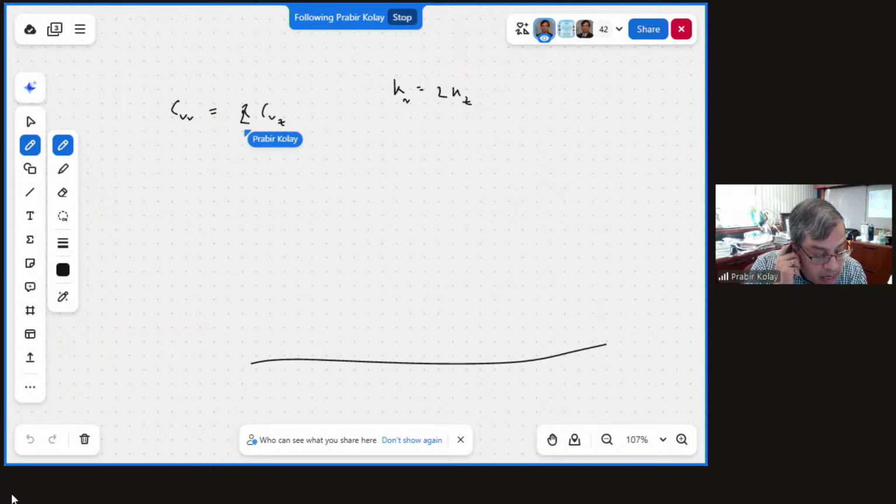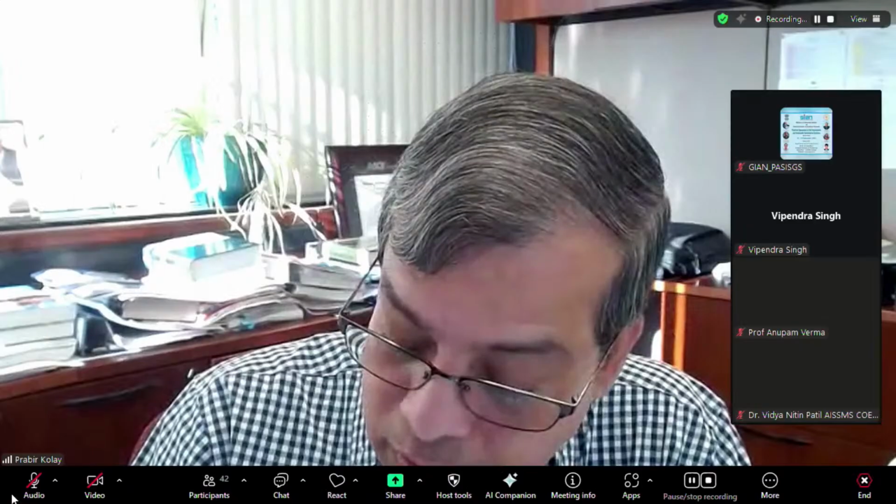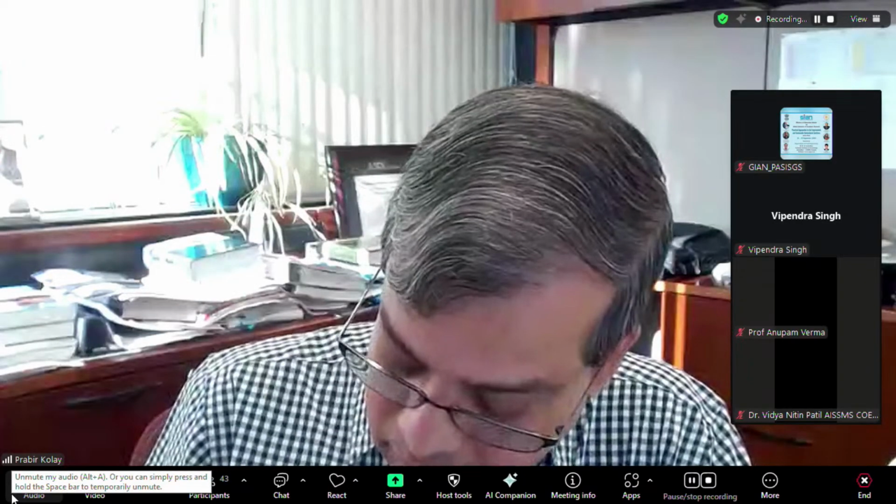We can find out from there, because K is equal to CV m_v gamma_w, so we can calculate the value of K with the same value of CV. So CVR divided by CVZ is basically 2. And then TR, we already calculated, is 0.154 times CVR by CVZ, which is 2 now. So we can calculate it as 0.308.